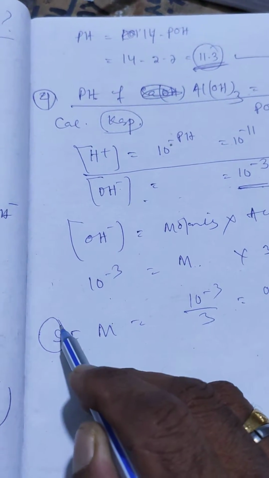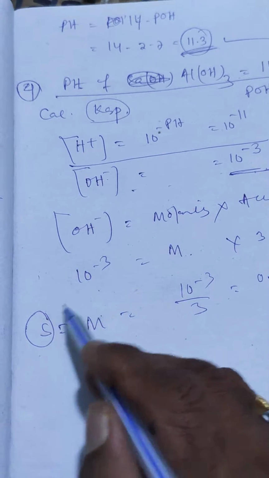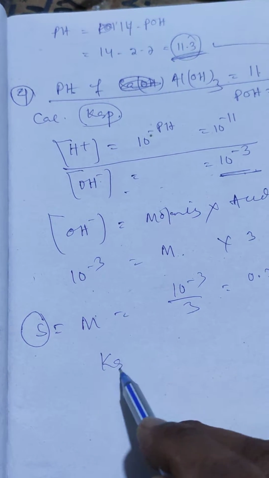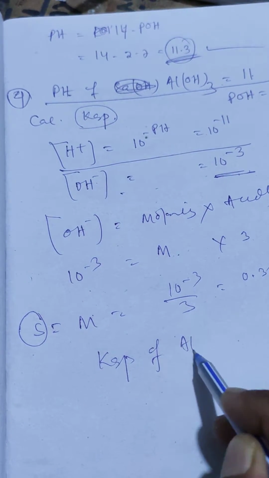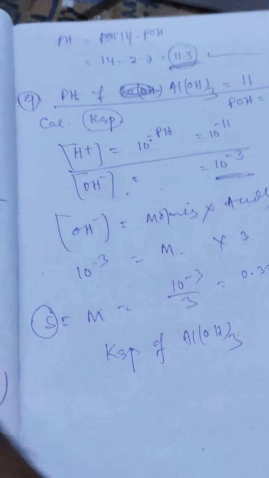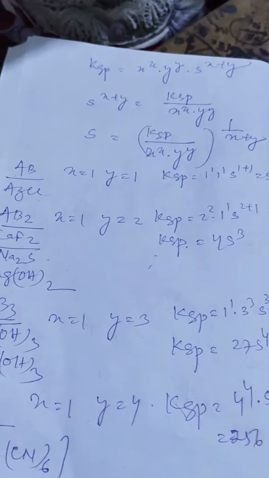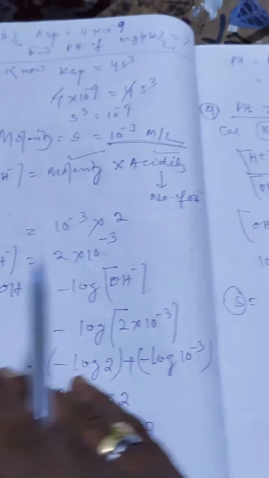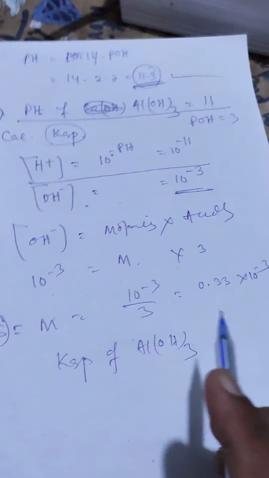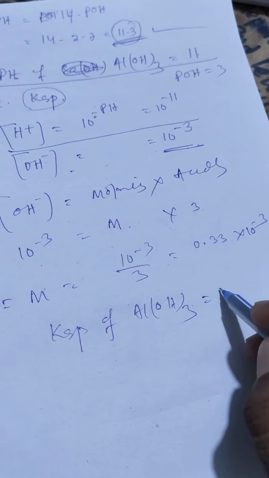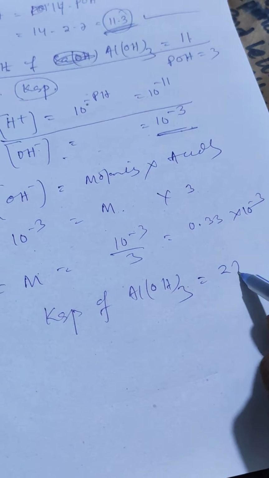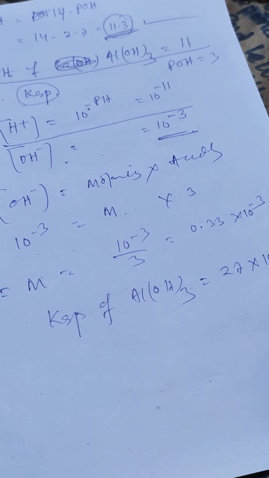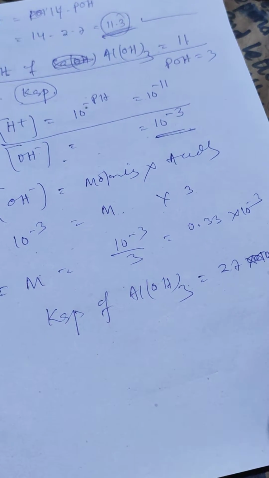So once we calculate the solubility, then the Ksp you can calculate. The Ksp of aluminum hydroxide, as you know, we have calculated last year. It is an AB3 type, so it will be 27s to the power 4.